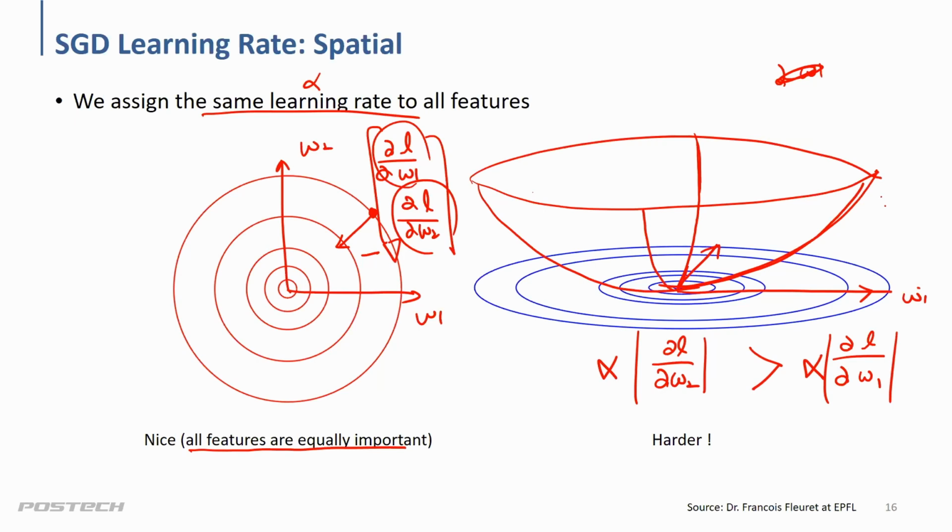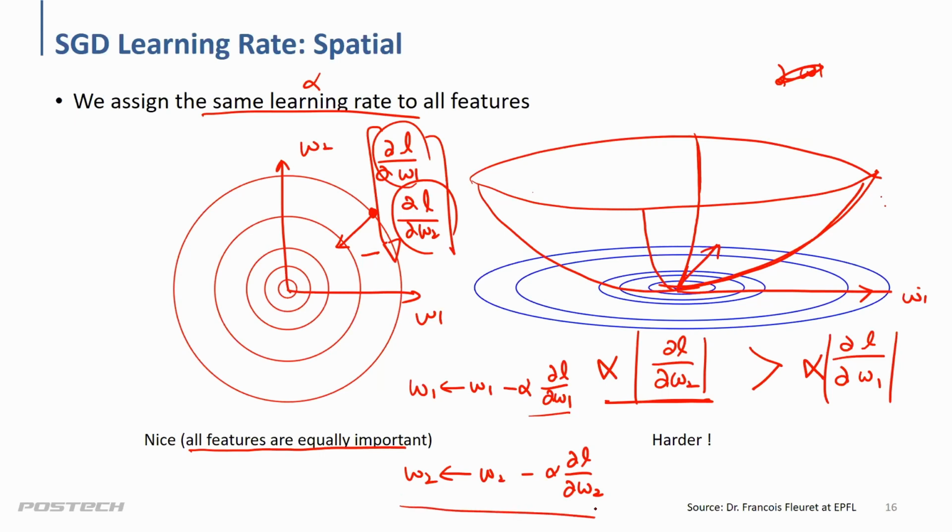So if I do the update, since we know that this one is bigger than this one, I'm going to update omega 2 more than omega 1.